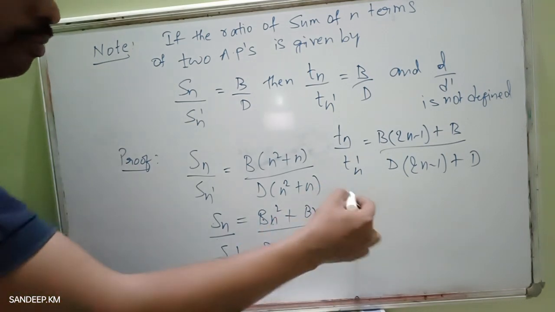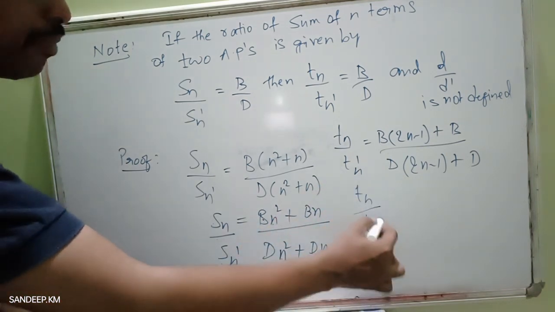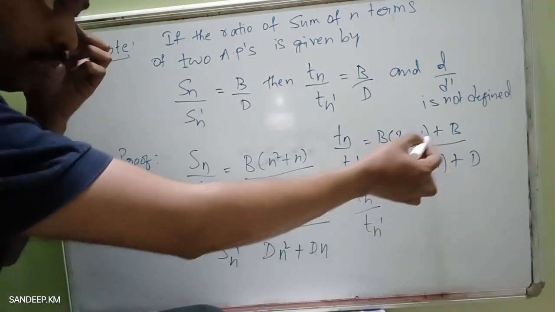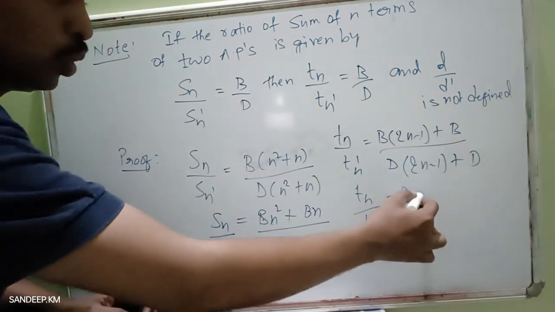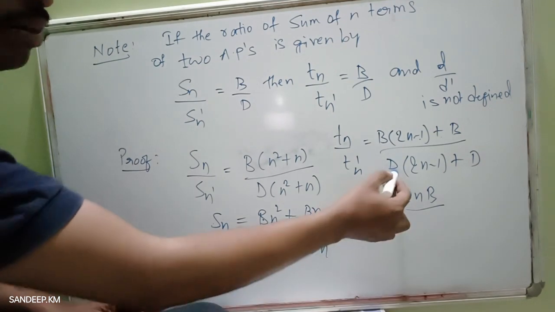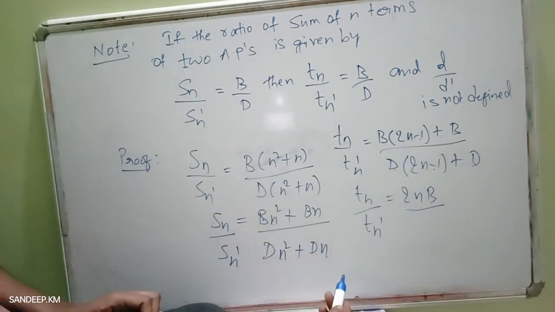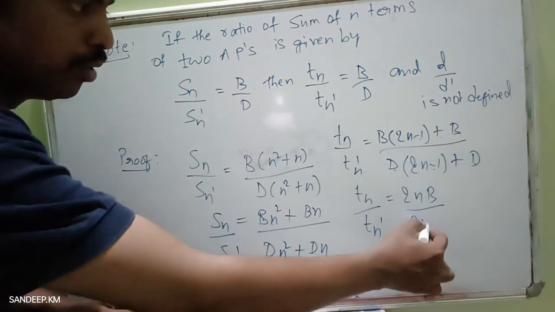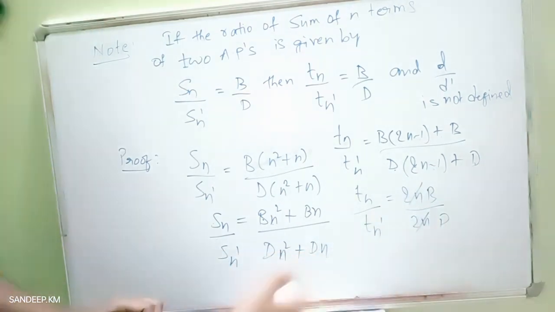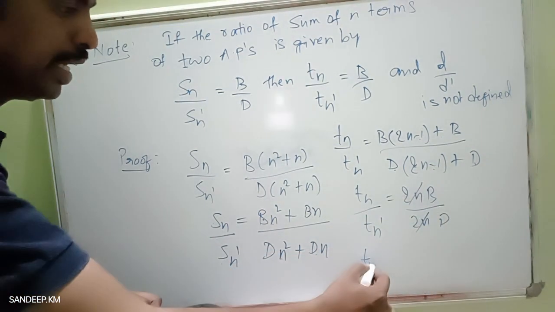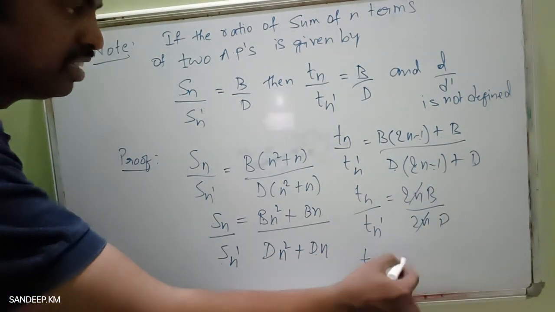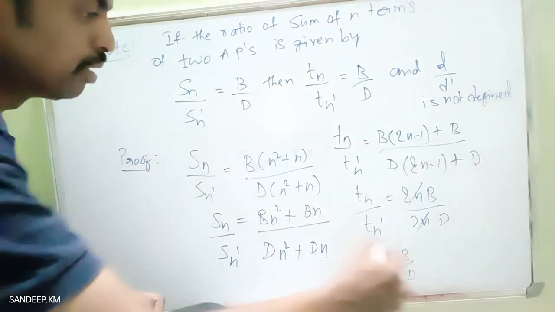Okay, so now in the numerator, if you observe, minus b plus b will get cancelled, you will get 2n into b, and minus dn plus d will get cancelled. When I expand, I will get 2n into d. So 2n also will get cancelled. Therefore, tn by tn dash is equal to b by d.